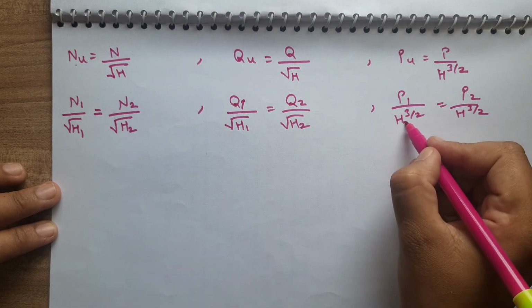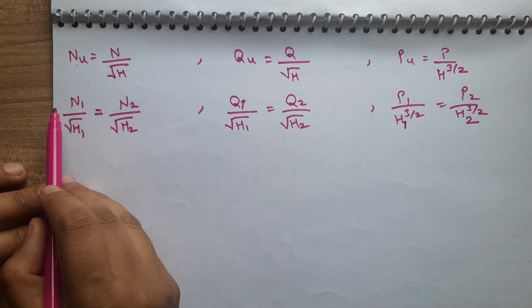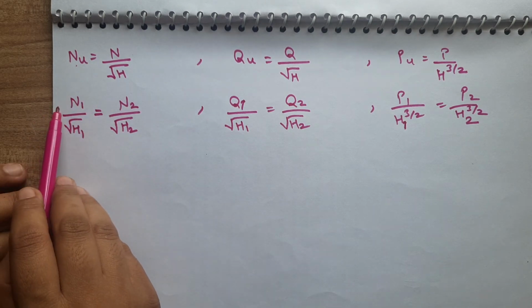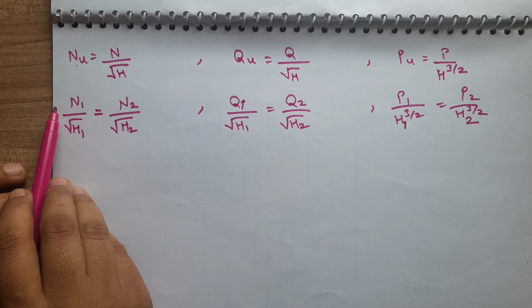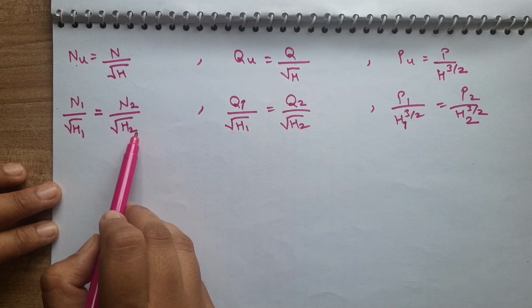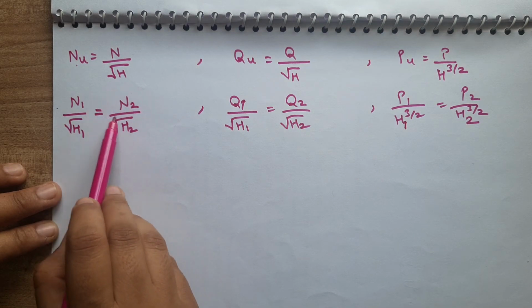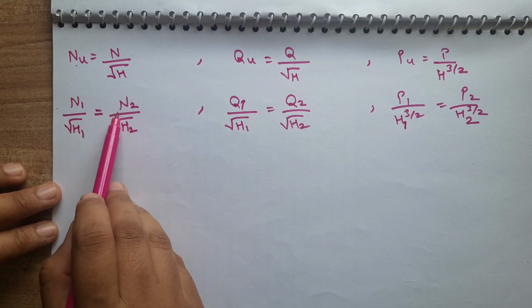Now from these equations, we can see that if we know the speed of the turbine under a particular head, and we know another head, we can easily find the speed for that head.